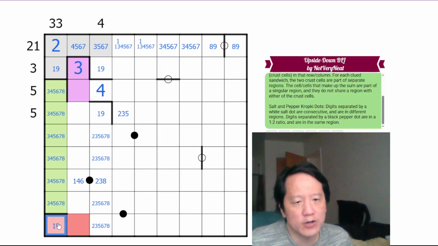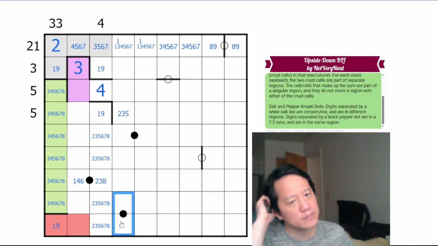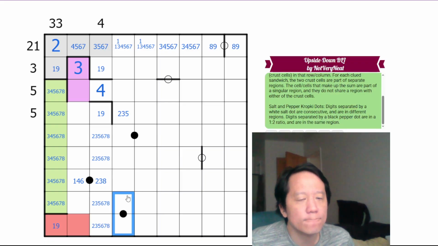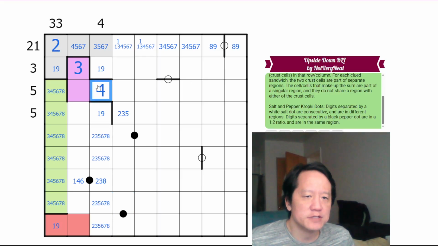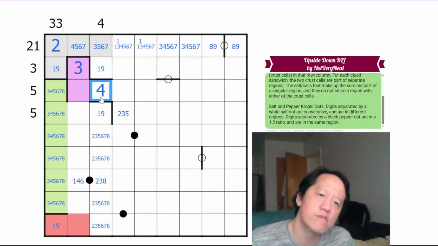So, okay, where can red be? Red could technically be all part of this region. It could be part of both of these 1 to 2 ratios. This 1, 9 is a different region than 4. So is that.